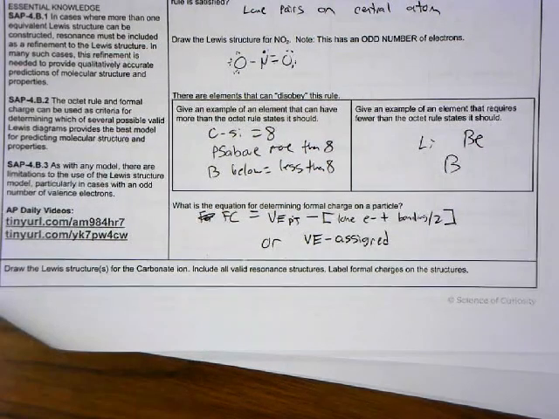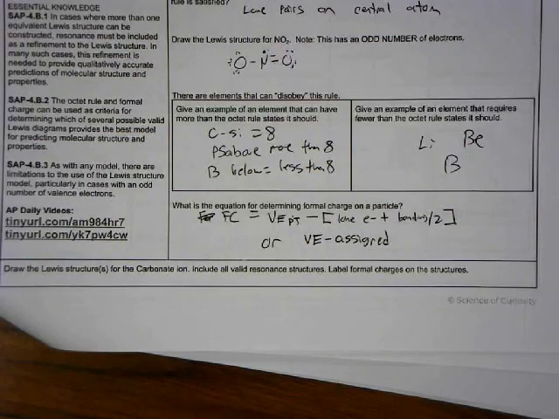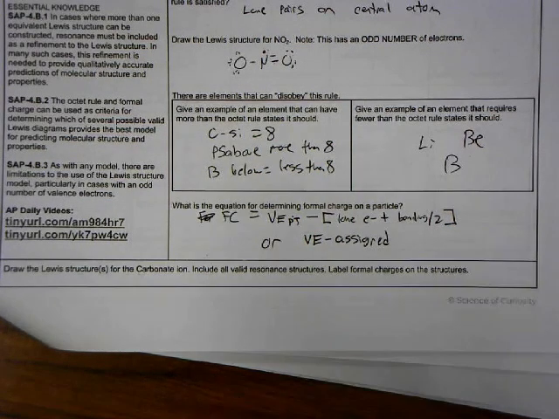I'll give you an example of this. Or it could just be total valence electrons minus the assigned. So there are 2 different ways to do that. Valence electrons minus the lone electrons on it plus the bonding divided by 2, or valence electrons in the periodic table minus how many are actually assigned. Those are the 2 ways.